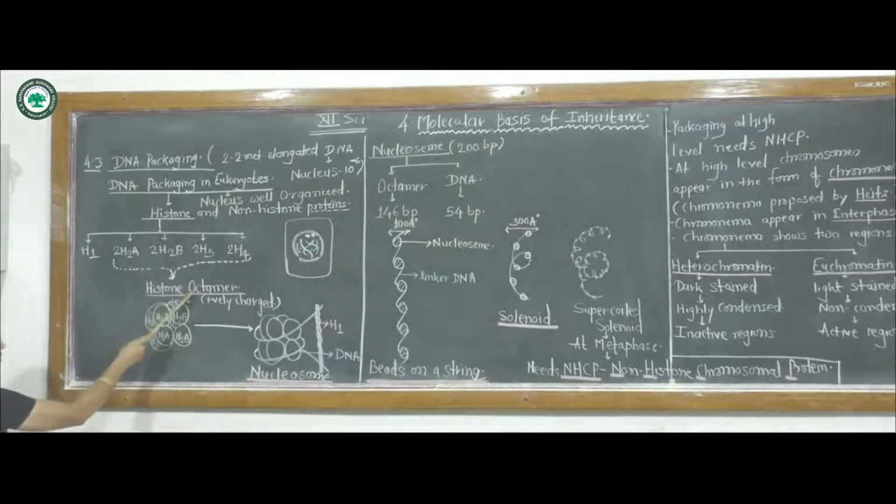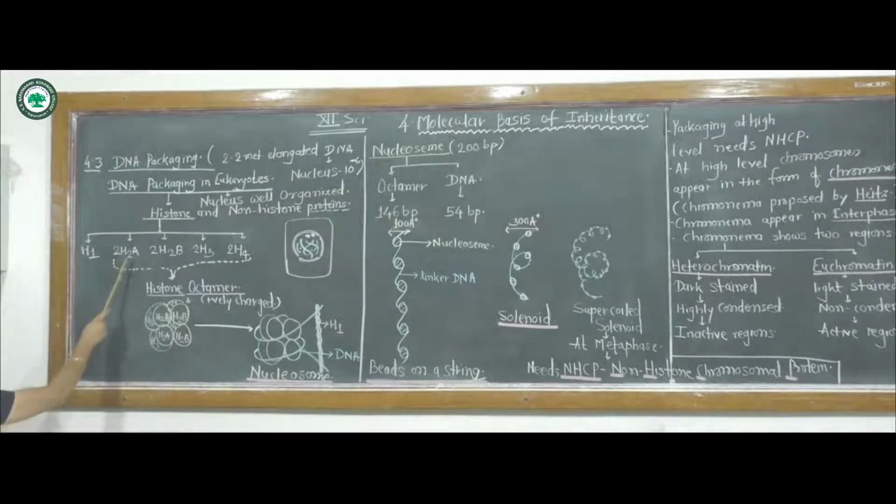The 8 molecules of histones, in which 4 different types of histones are present, and 2 molecules of each together form the 8 molecular unit, that is the octamer.